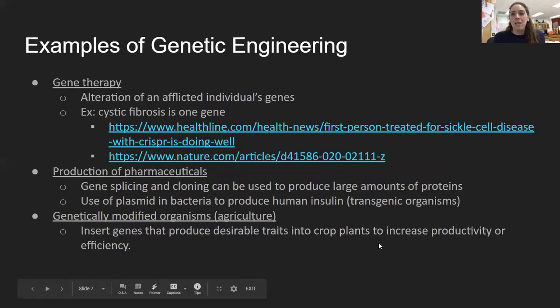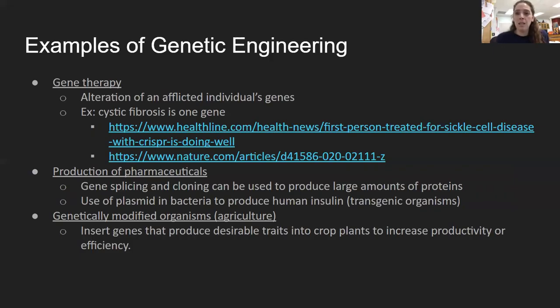So when it comes to genetic engineering, lots of uses in medicine, particularly with gene therapy. So that's changing the genes of someone who has a genetic disease. We've talked about some genetic diseases in this class, like cystic fibrosis and sickle cell anemia. It's just one gene, one amino acid that's wrong.